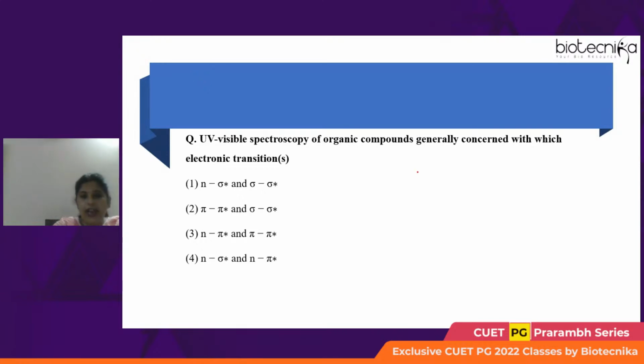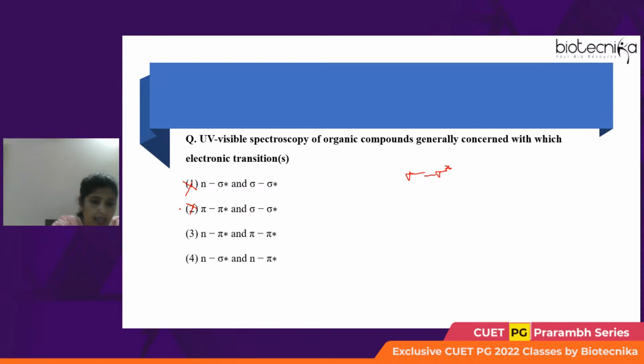See, any option having sigma to sigma anti-bonding, you can omit, right? Because it requires very high energy. I told you, near the X-ray range, that much energy we need. So obviously, the first two cannot be the answer.